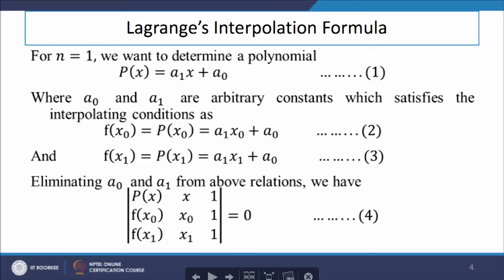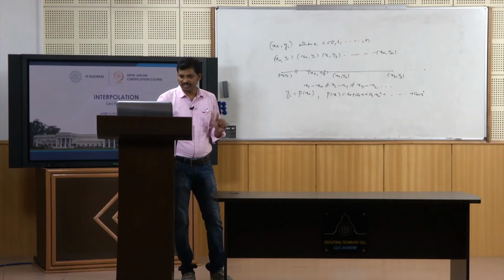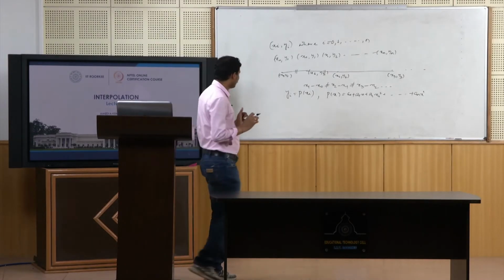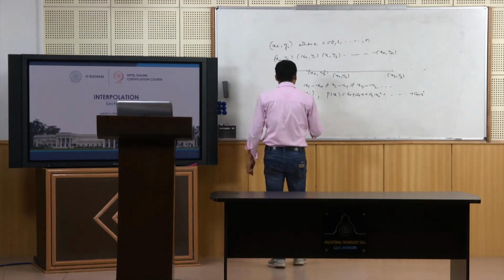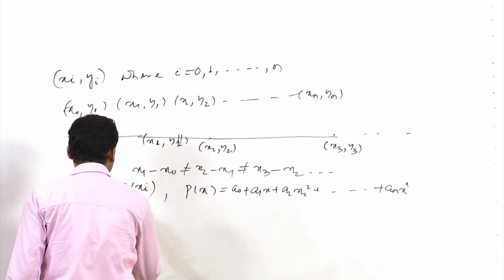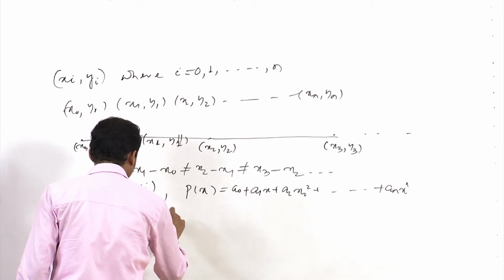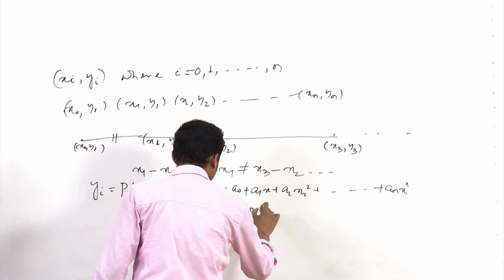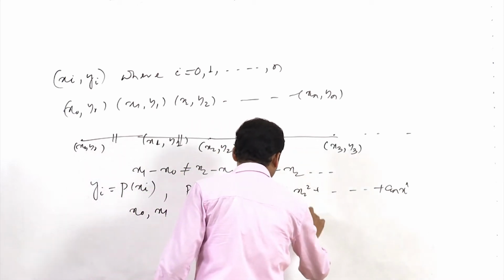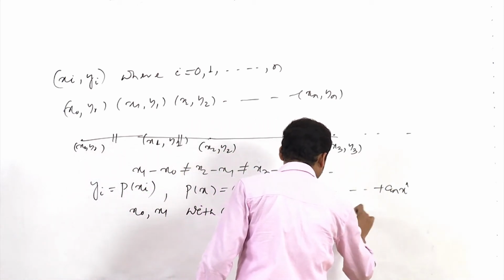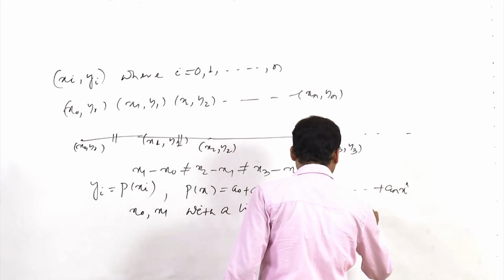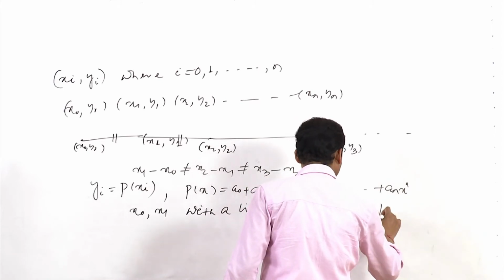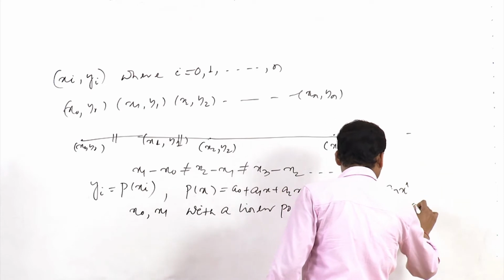So for that, suppose we consider a polynomial of degree 1 for the first case. If we consider the polynomial of degree n equals 1 here, we can write the points x0 and x1 with a linear polynomial approximation, or a polynomial of degree 1 here.